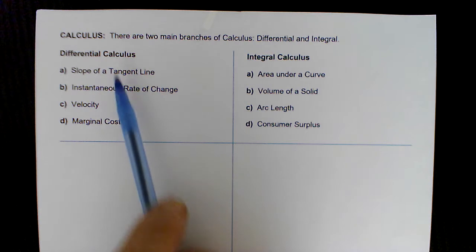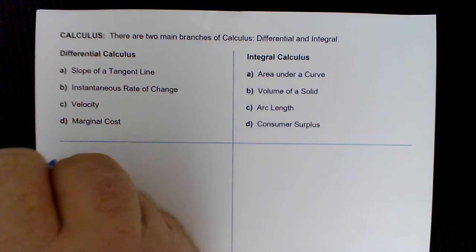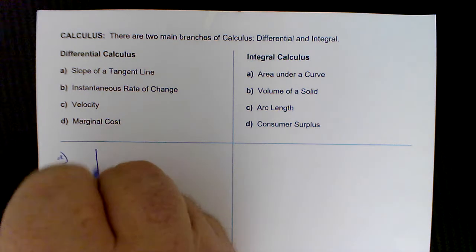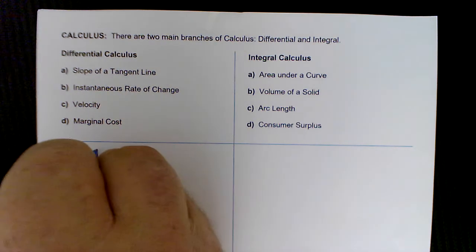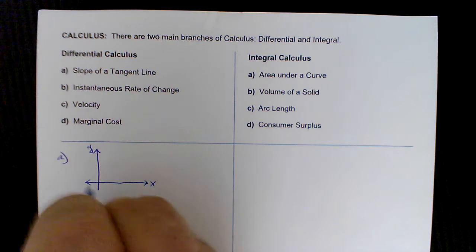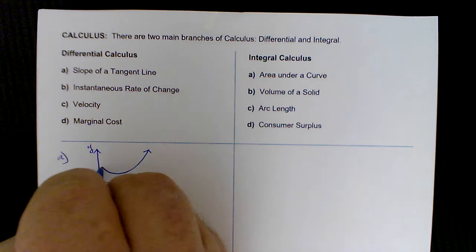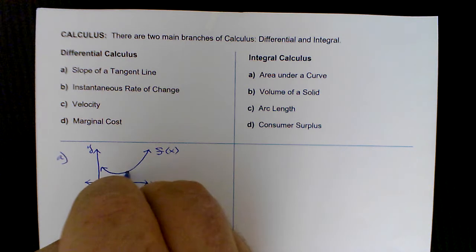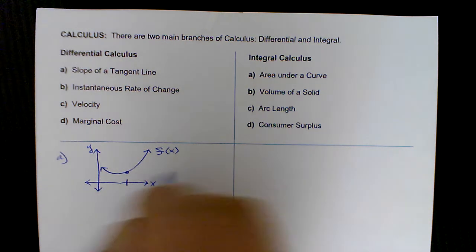Basically, when you think of differential calculus, finding derivatives, for example, the first thing you should think of is the slope of the tangent line. So, graphically, if we have a function in the coordinate system, and that's our function, I'll call it f of x, and we're interested in the slope of the tangent line at a particular point.